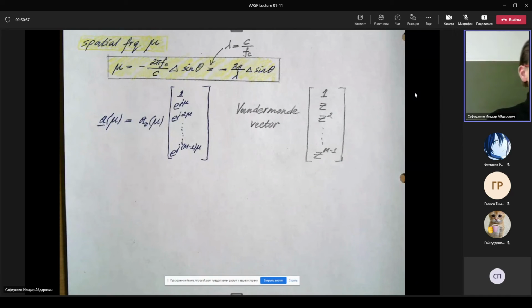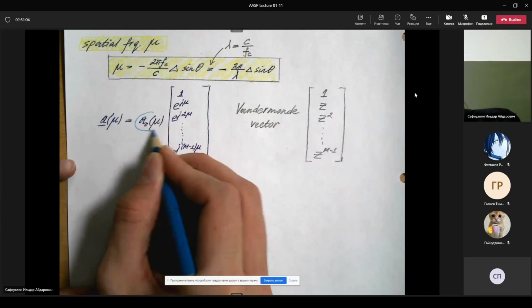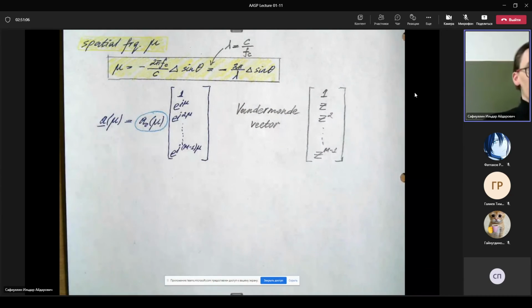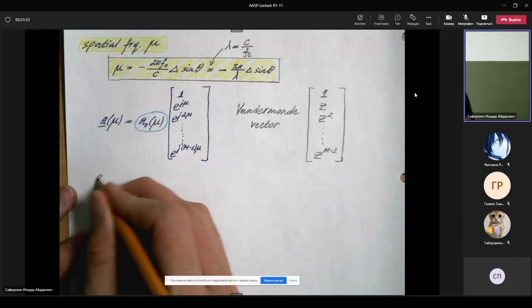When we talk about omnidirectional sensors, this part here, a subscript 0, which depends on mu, is equal to 1, as I said before.